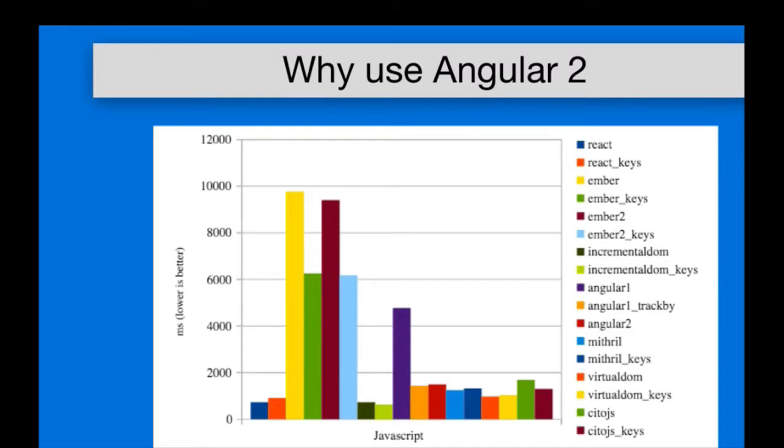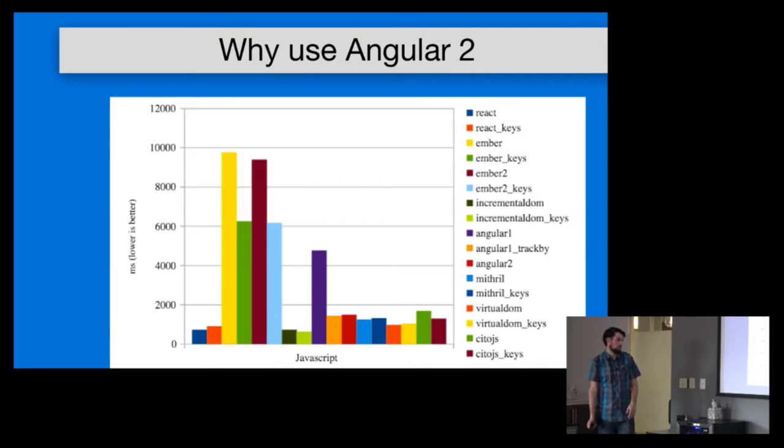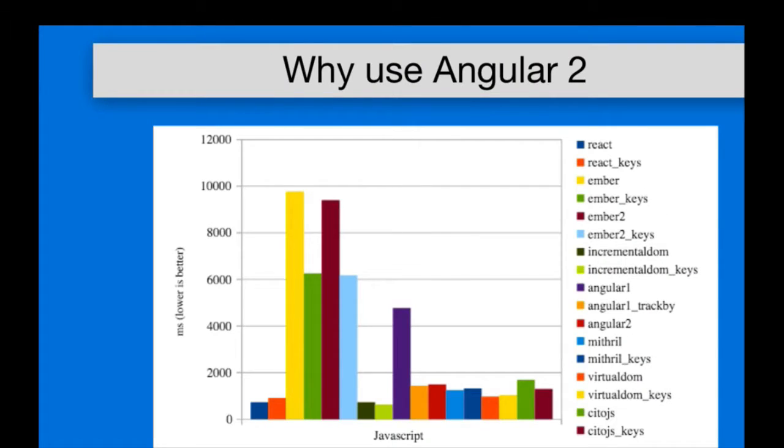I think a big reason to use Angular 2, that's why I have this performance chart, is performance. If you watched Mario's presentation, or if you didn't, you can talk to him more about performance. But here's the performance of Angular 1 compared to Angular 2. If you're using an ng-repeat in Angular 1, using track by works and is a lot faster.